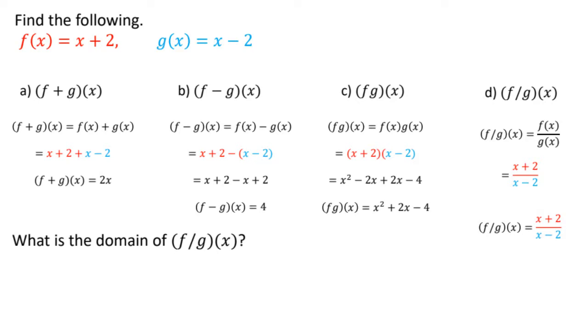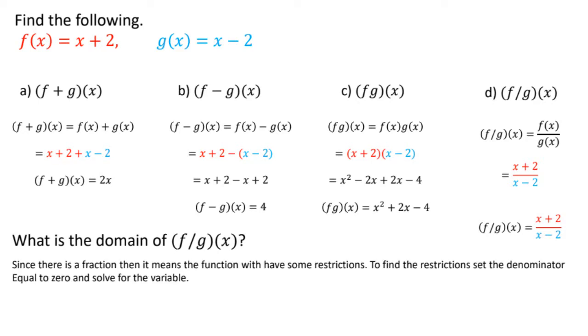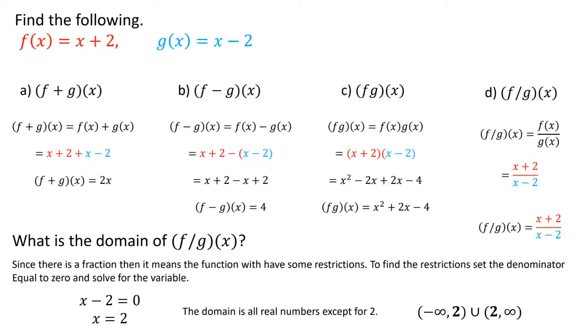If we don't see it, we can do it algebraically. We can set x minus 2 equal to 0 and solve for x. We see that if x is equal to 2, we will have a 0 on the bottom. 2 minus 2 is 0. Hence, this is a restriction. We cannot have that 0 underneath there.